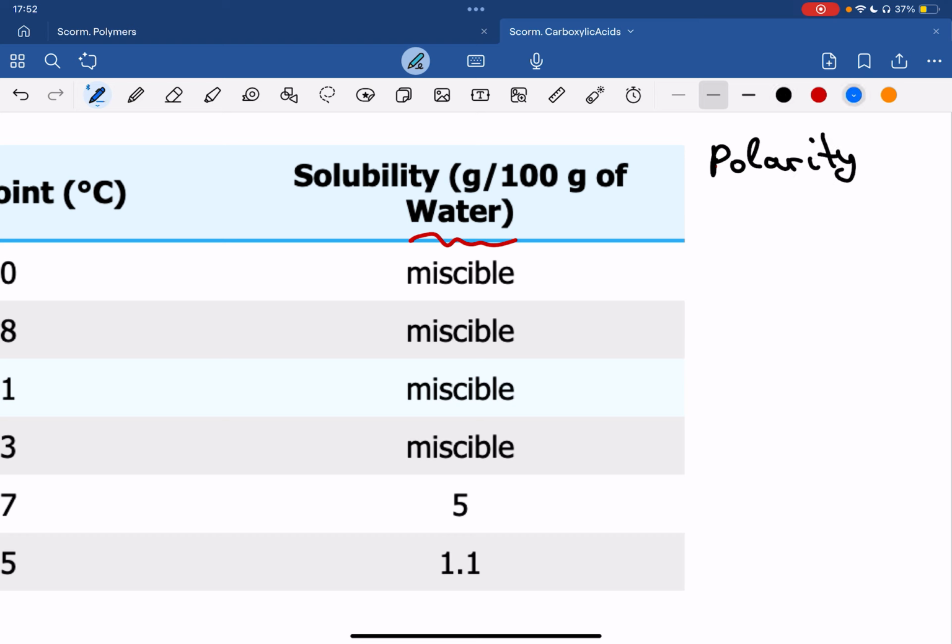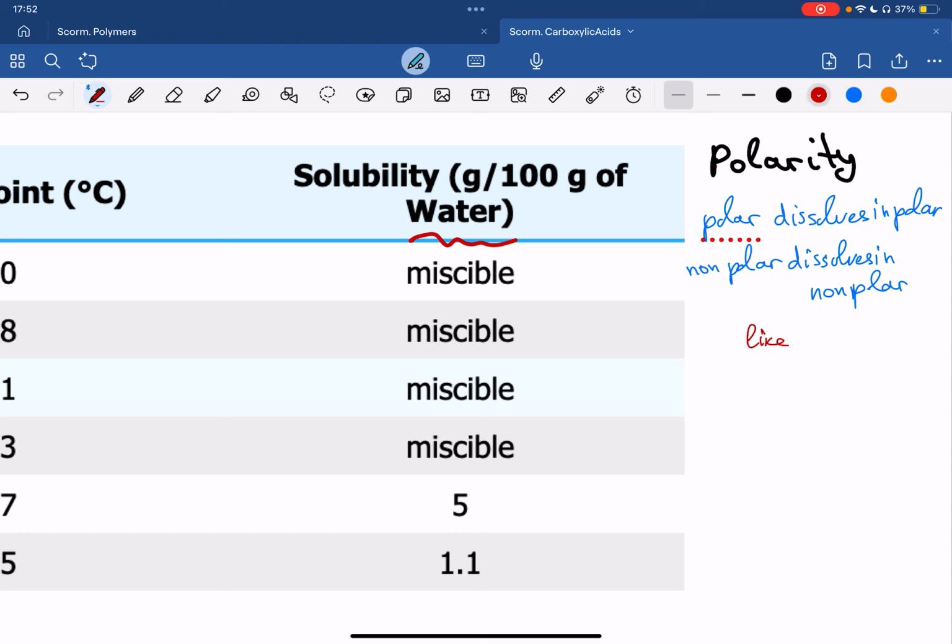A polar molecule dissolves in polar, and a non-polar molecule dissolves in non-polar molecule. And know that polar cannot dissolve in non-polar. So basically, like dissolves like. Okay, please don't forget that.